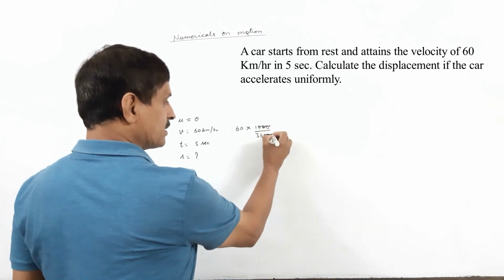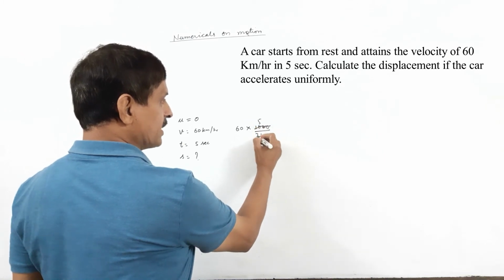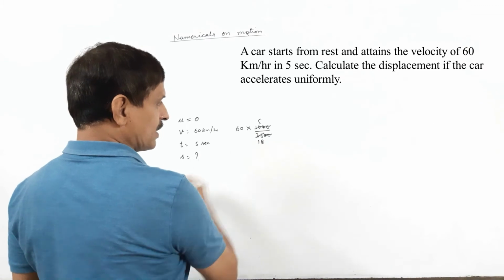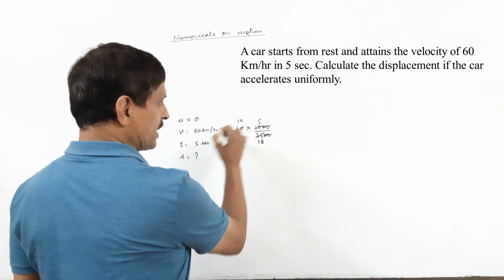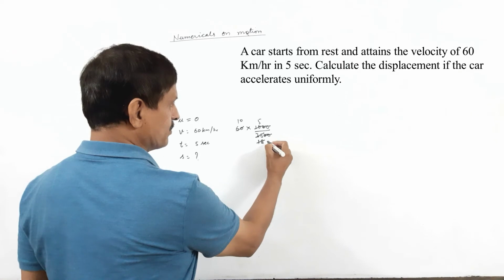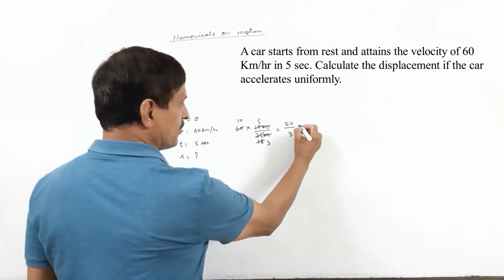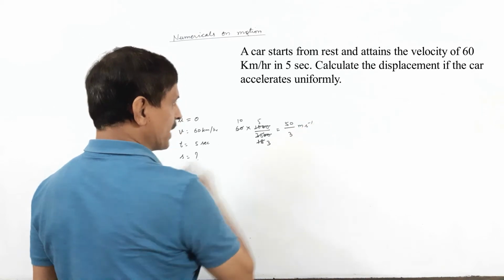We cancel it, this is 5 and this is 18, and finally it is 50 upon 3 meter second minus 1.